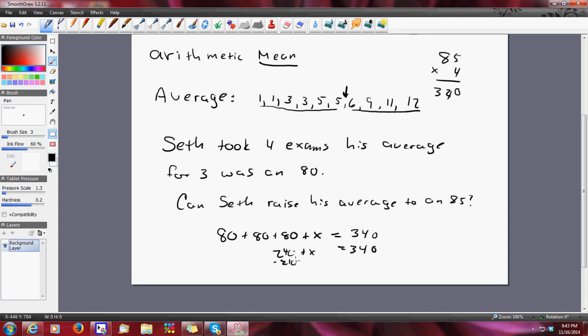I have to subtract. Goodness me, I'm having a hard time writing 240. Subtract 240 from both sides, and take a look at that. I just whipped this question right off the top of my head. If Seth gets 100 on his last exam, the new average will be an 85. So yes, it is possible.